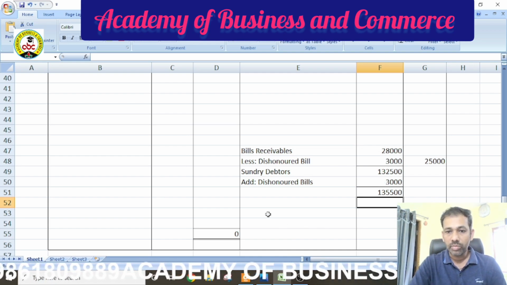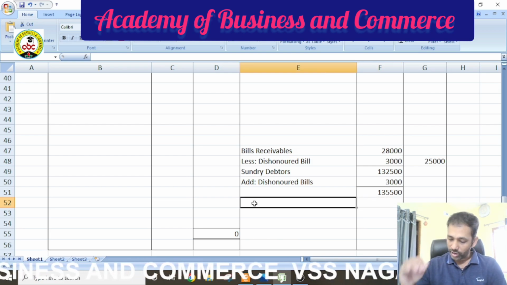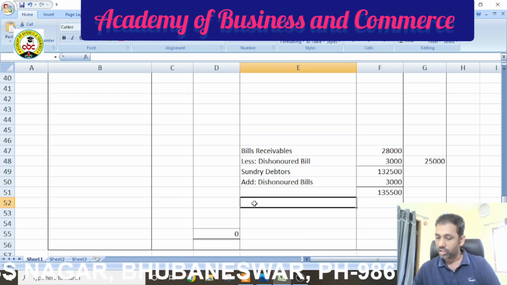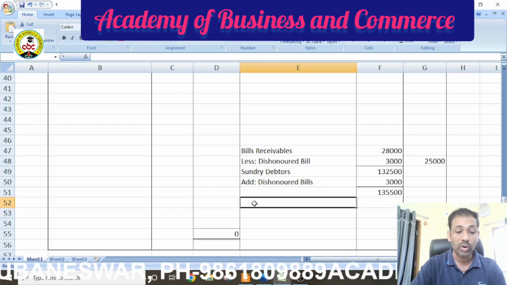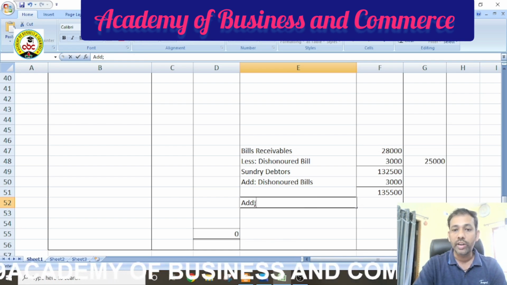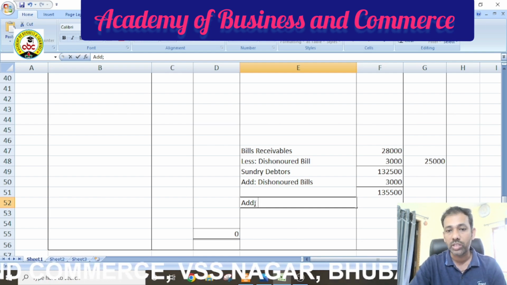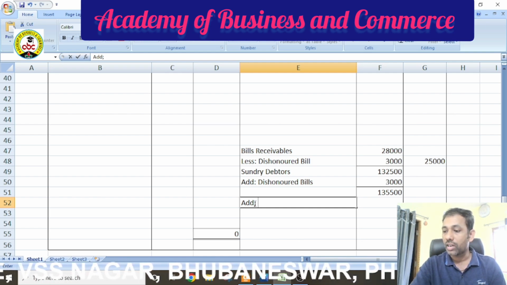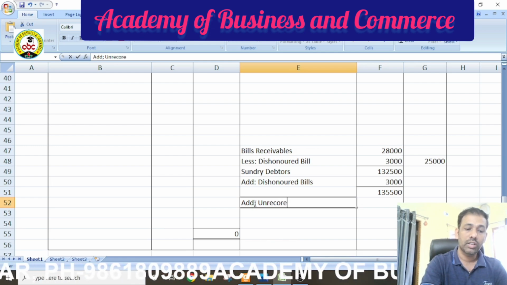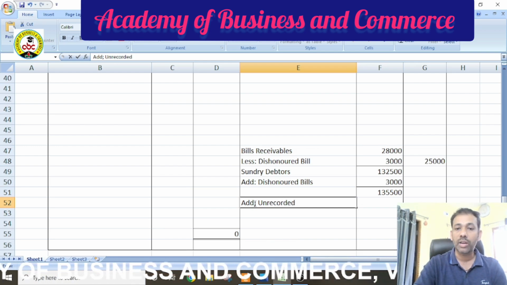Then we have to add some unrecorded sales also. Goods of rupees 6,000 were sold but not recorded in the books. That amount we have to add. Why? Because these are unrecorded sales. We have sold the goods, but we have not received the money from that person, which means we have to receive that amount later on.